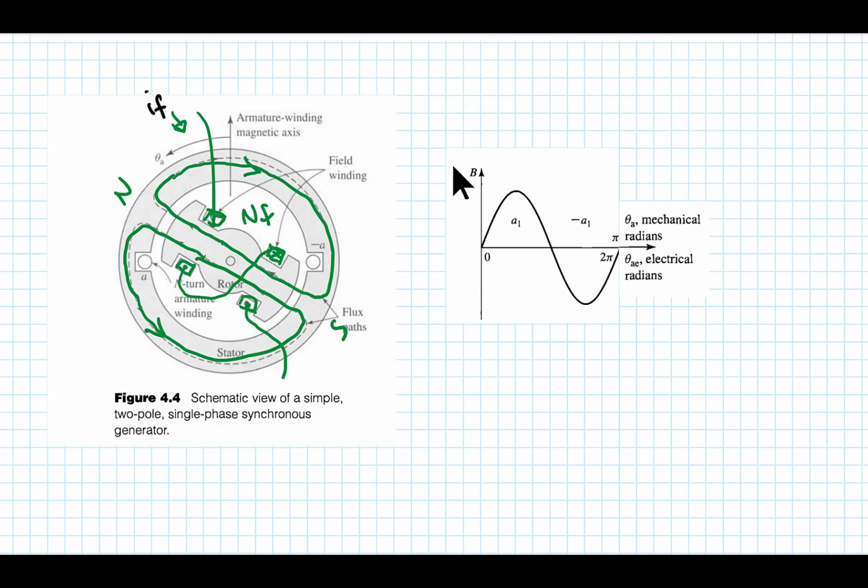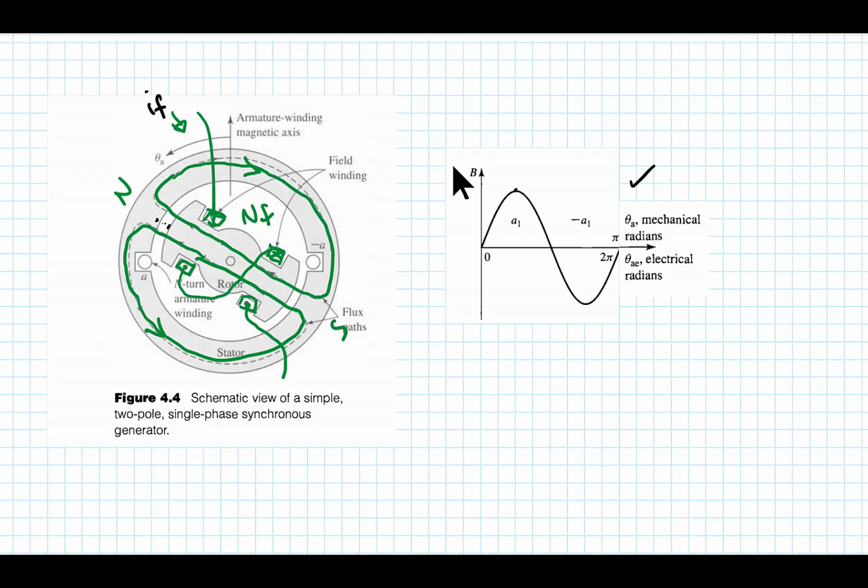The flux density in the air gap will be different at each position. So this diagram here to the right from the textbook shows the flux density, let's say at a given position of the rotor, where the rotor is being held in place at the position where we're crossing the gap at a minimum distance.